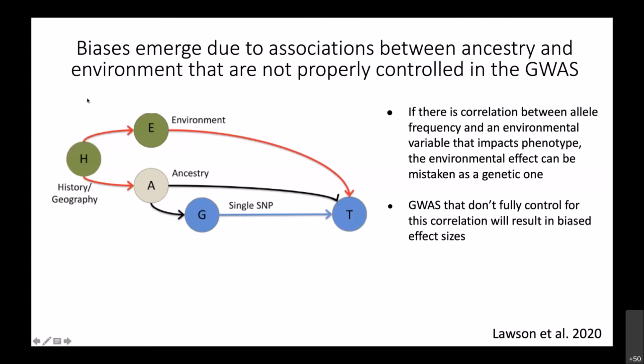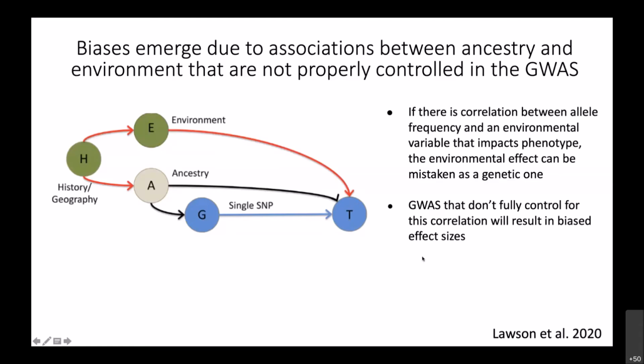and these environmental effects on the trait, and that leads to biases at individual SNPs, which may or may not affect the trait, in terms of the biases in their effect size estimates. I'll explain this more as we go into specific theoretical examples.